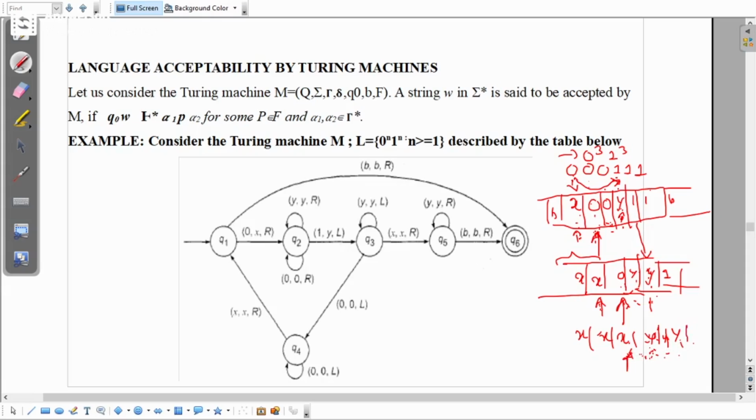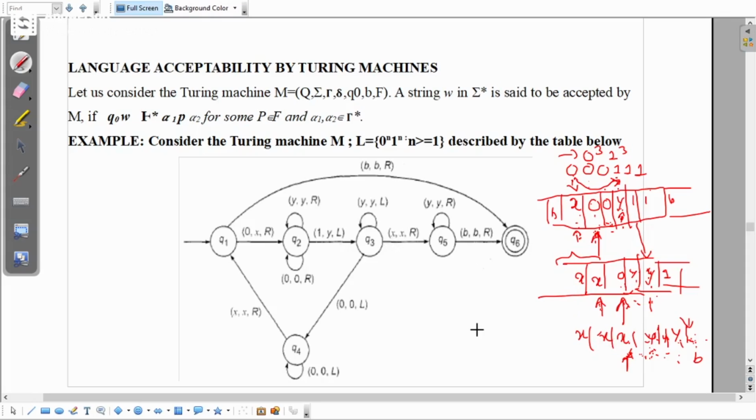So that's why move back, go to the next y, y, y many times, and then you will reach the blank. If you get a blank, and also you take a right move and stop it there, that means if you have not got zeros and if you have not got ones after this, that means if you have got a blank after y's, this particular string is according to the language, okay.